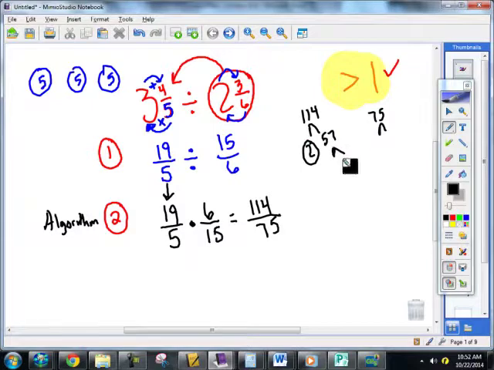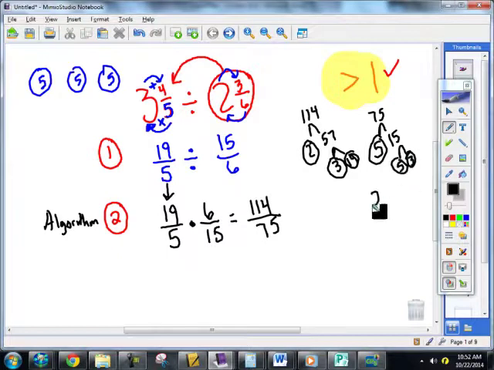Okay, then I know that 57 has a factor of 3 because 5 plus 7 is 12. So I know 57 divided by 3 then is 19, and I know 19 is prime. This one here, I know that it breaks down to 5 and 15, just like we did there. Okay. 5 and 15. 5 is prime, and I know that 15 breaks down to 5 and 3.